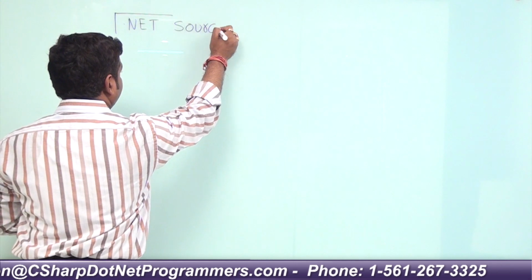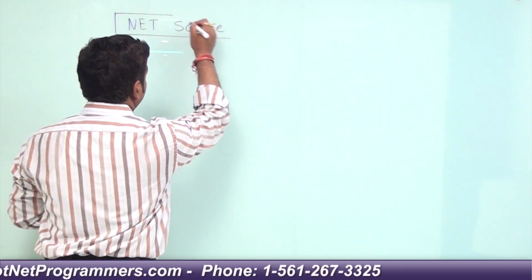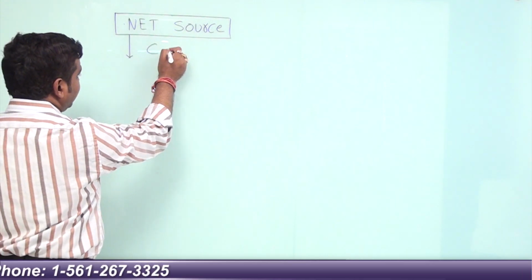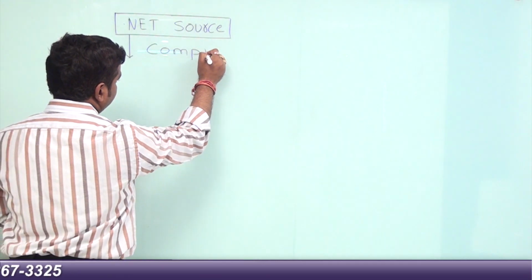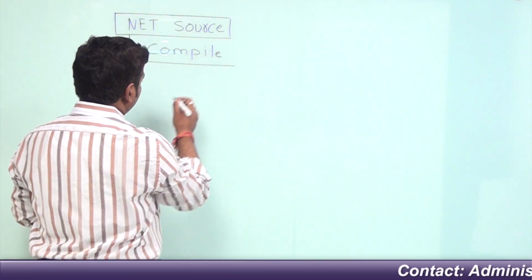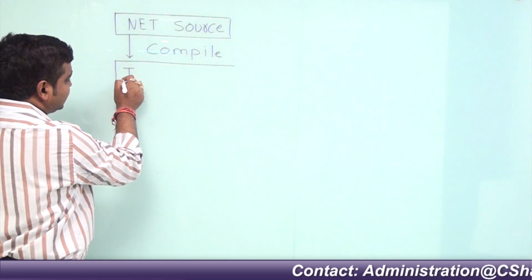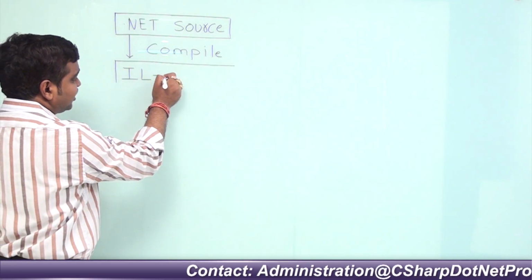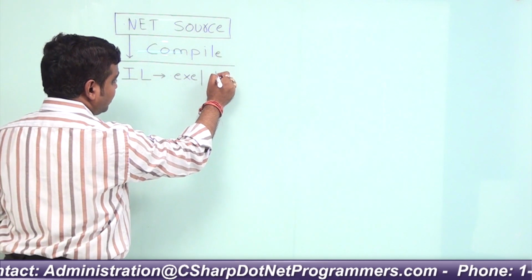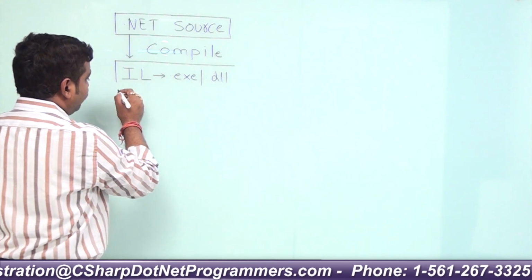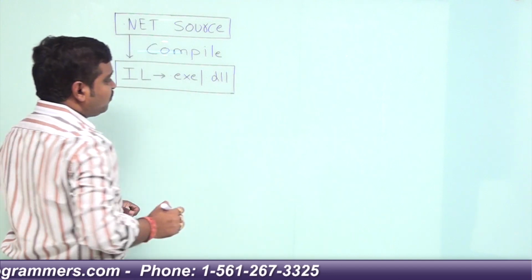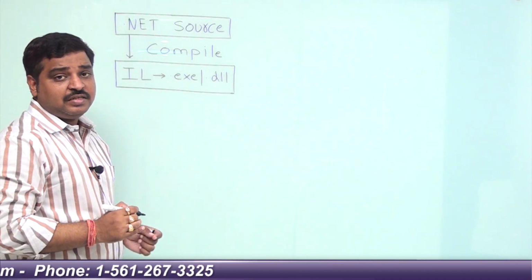So we have a .NET source. Say that I'm trying to compile the .NET source. Once I compile the .NET source, I get a file called IL, which stands for intermediate language. This can be an application which will have .exe as an extension, or it will have .dll as the extension.